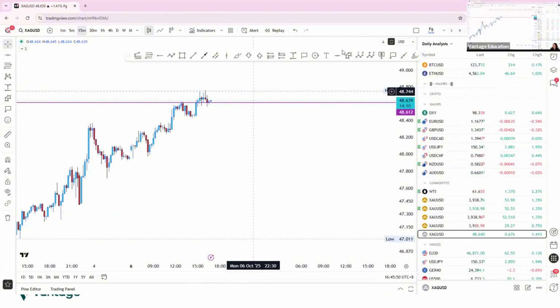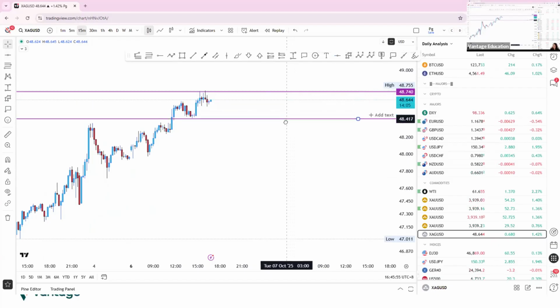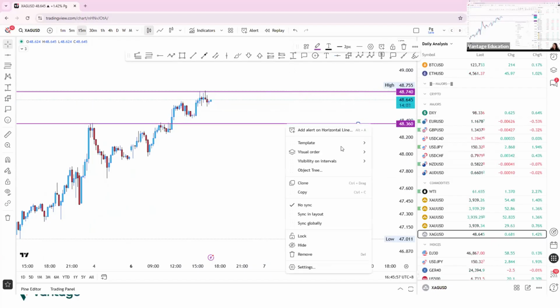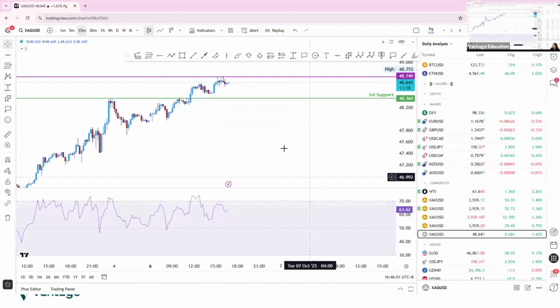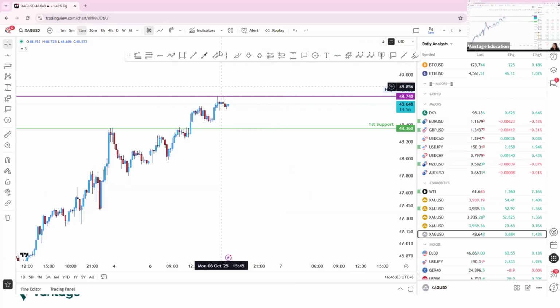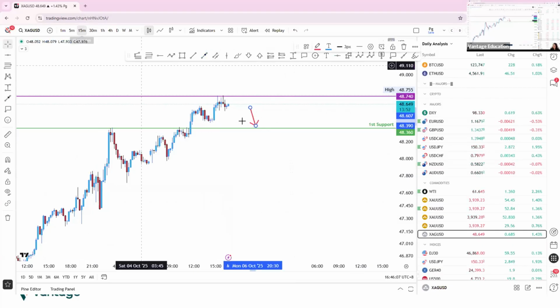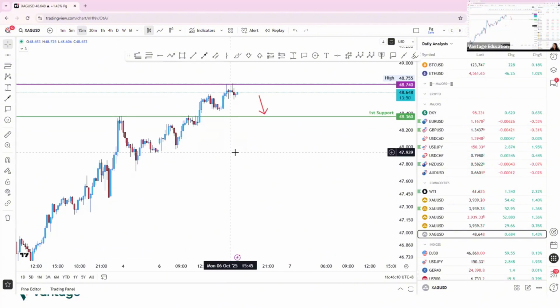Like sell, right? Just now, based on this price action, this is the first support. Okay, so basically silver we can sell. Stop loss put above.